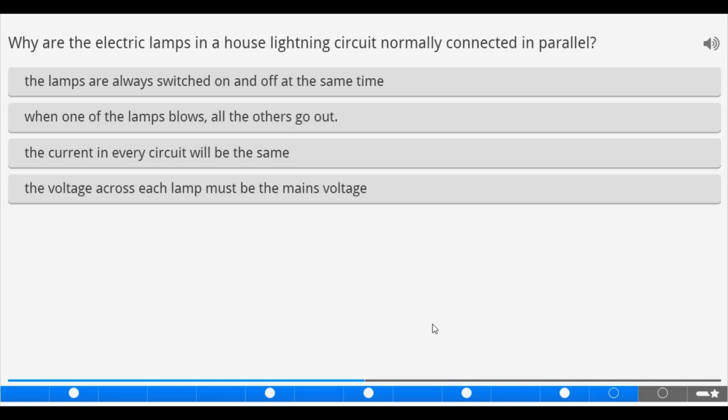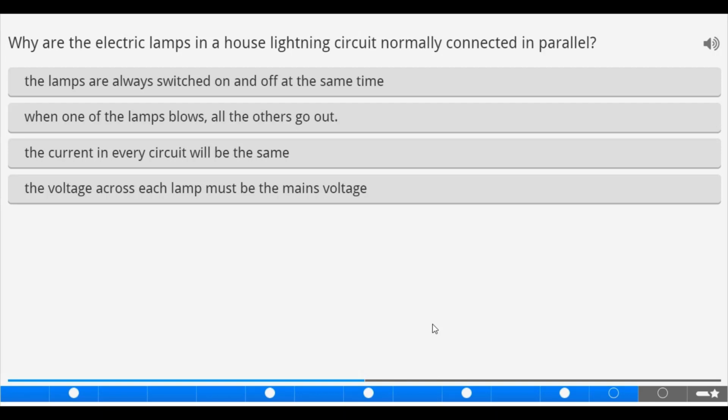Now, why are the electric lamps in a house lighting circuit normally connected in parallel? If we look at it this way, connection of resistors is probably in parallel or in series. If they are connected in parallel, that means the same voltage is going to pass through each of the electric lamps.